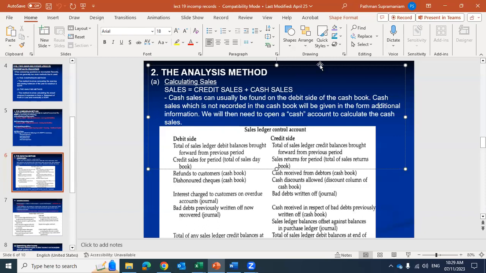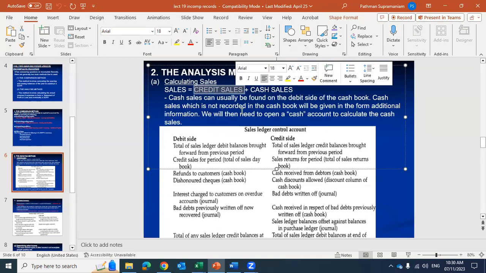As I mentioned earlier, if the cash sales is not recorded in the cash book, we need a separate method to capture it, that is via opening a cash account. We are not looking at those situations now. For credit sales, because we're not given a trial balance, credit sales is connected to trade receivable.